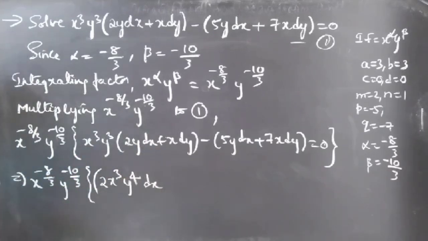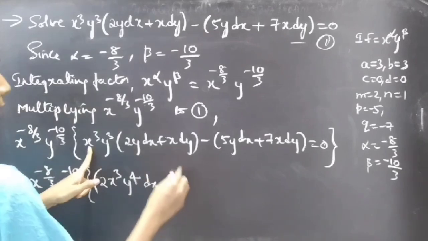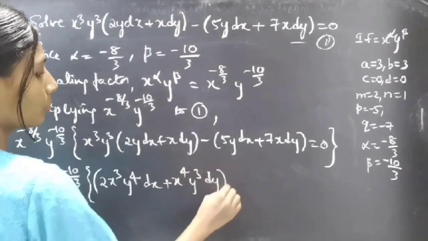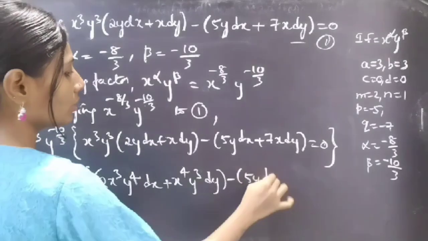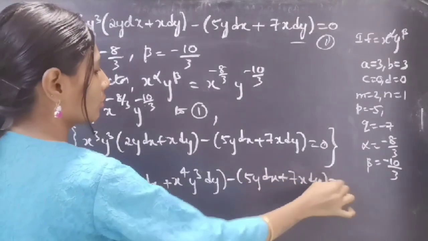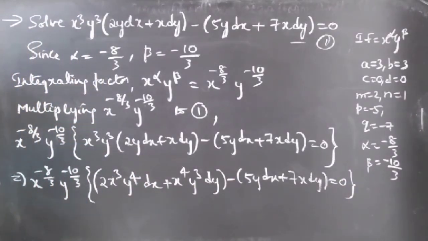Since the bases are equal, powers can be added, plus x cube into x power 4 y cube into dy minus of 5y dx plus 7x dy equal to 0. Now multiply each term with x power minus 8 by 3, that is the integrating factor.